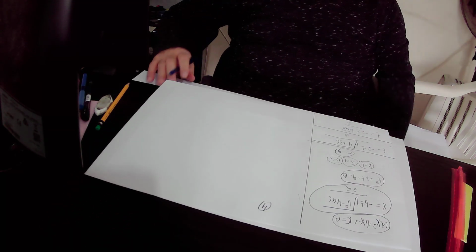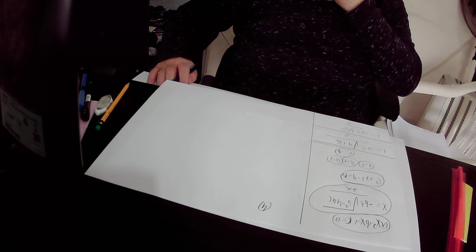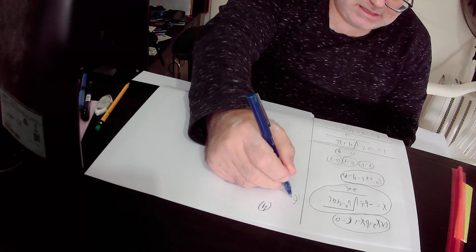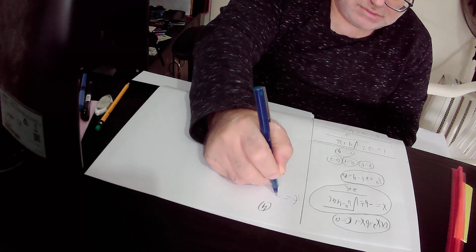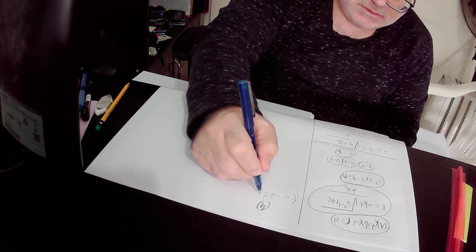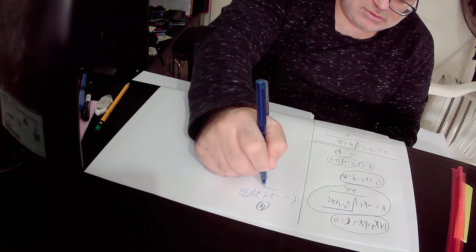But 40 is 4 times 10, and the square root of 4 is 2. So here we will get that t equals minus 2 plus minus 2 times the square root of 10 over 2.